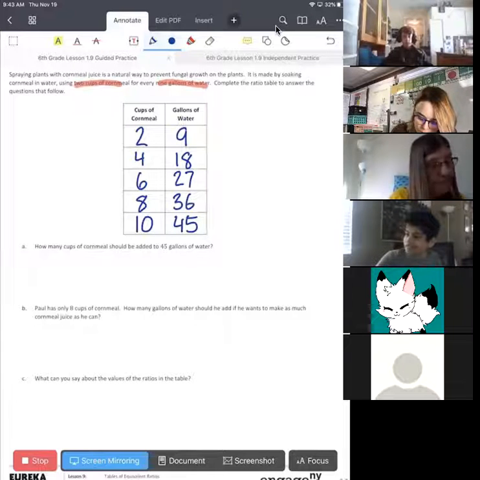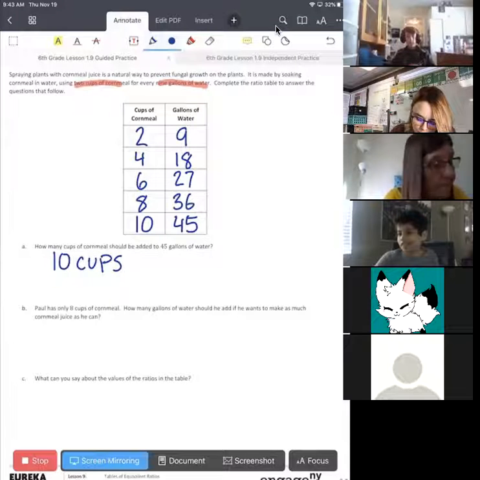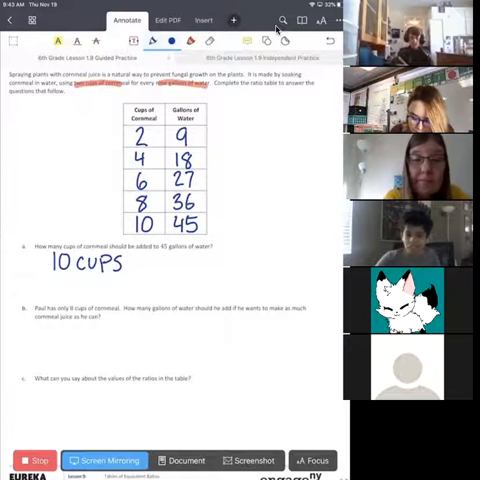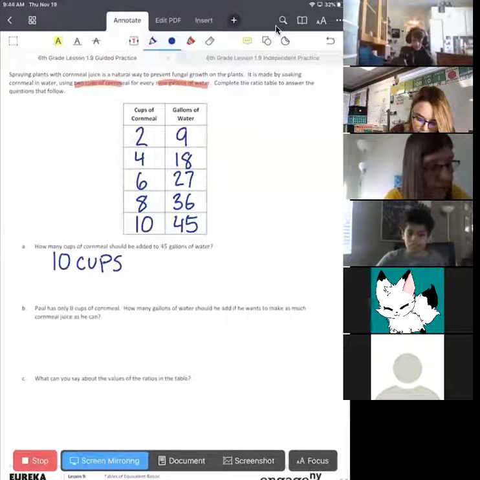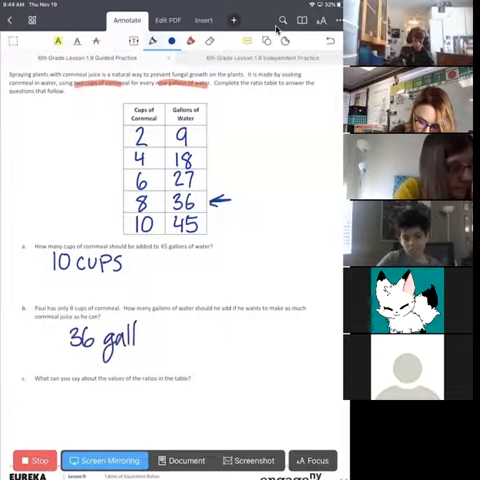If we look back at our table, we see 10 cups. Part B says that Paul only has 8 cups of cornmeal. How many gallons of water should he add? If we go to 8 cups of cornmeal, we have 36 gallons.